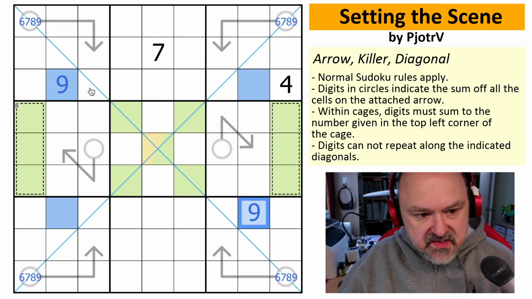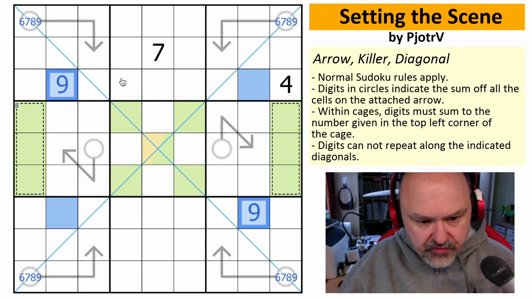So if I put the same digit into both of those, then I force that digit into one of the green cells, and they cancel each other out.